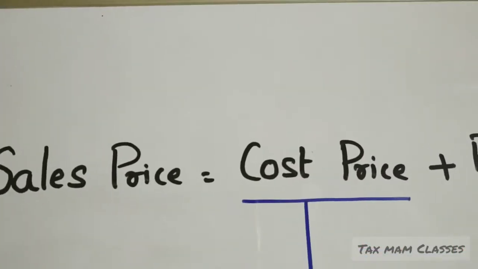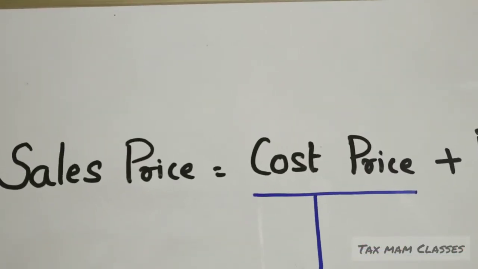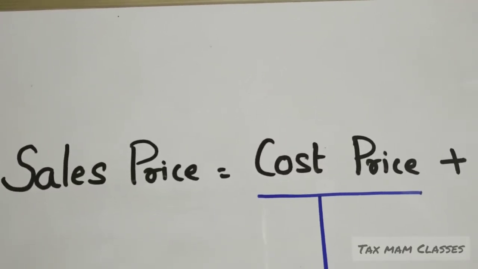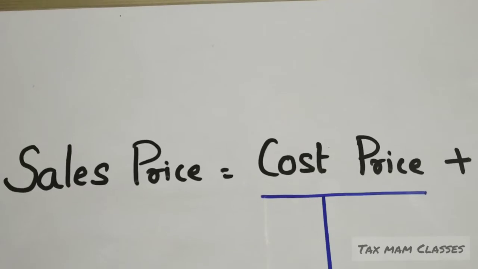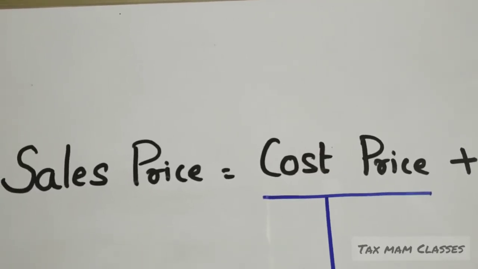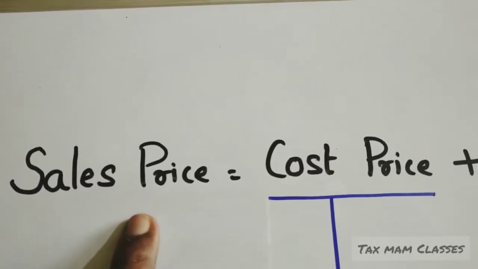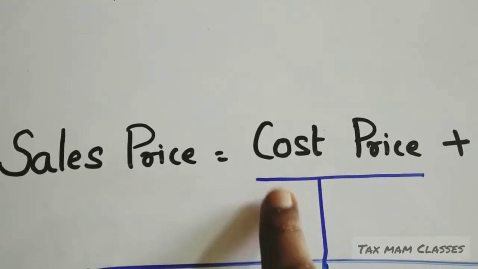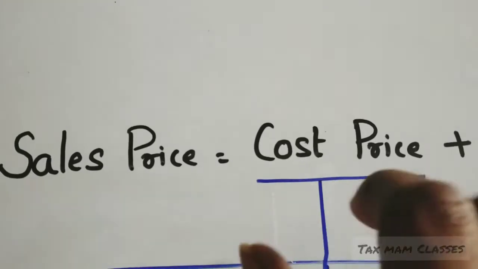First of all, we know that sales price and cost price are different. In the previous video, I have said the cost price is different and the sales price is different. I will give the video link in the description. The cost price is the cost which a person incurs to produce or manufacture a product.